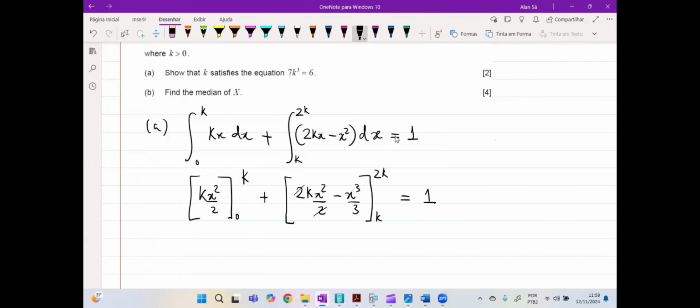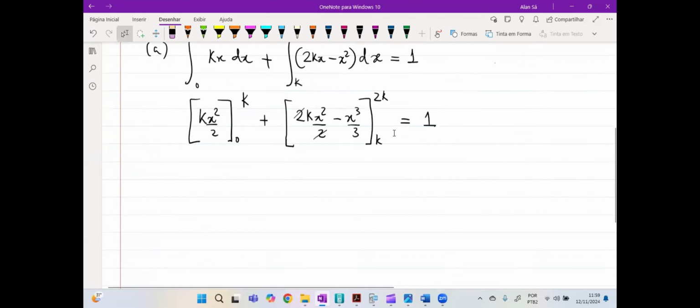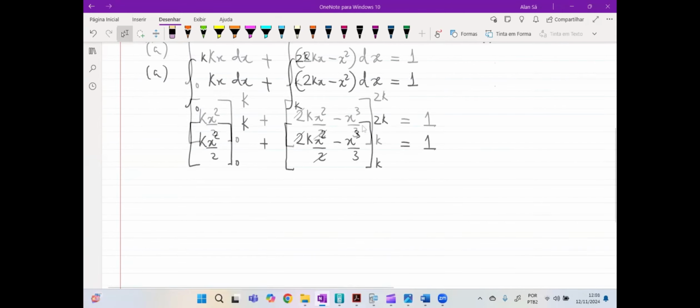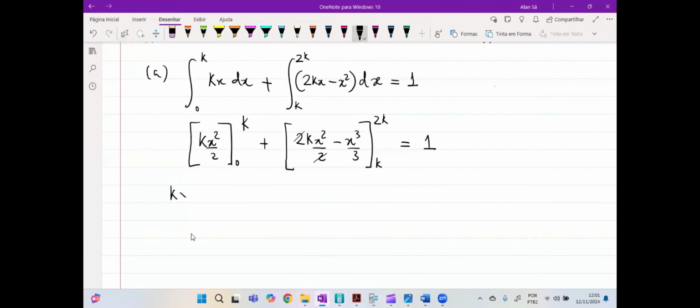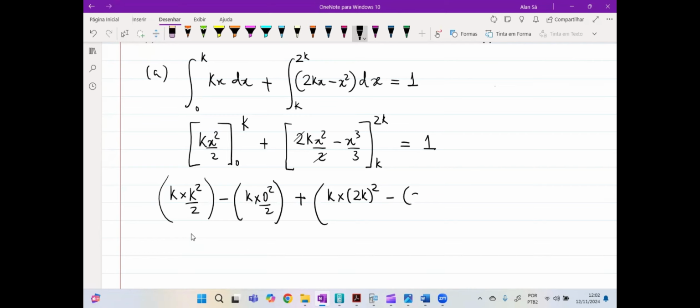Here we can cancel out these 2's, and then plug in the lower and upper limits. First, k times k squared over 2 minus k times 0 squared over 2, plus k times 2k squared minus 2k cubed over 3, minus k times k squared minus k cubed over 3. This must be equal to 1.